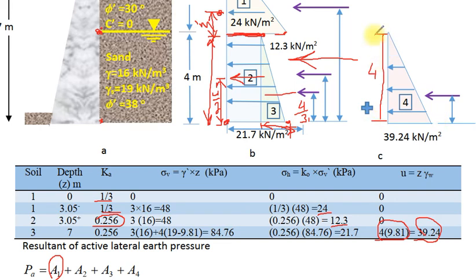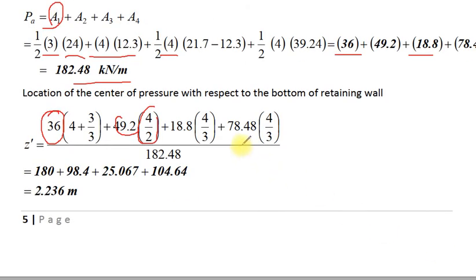For the fourth zone, the force has to be multiplied by this distance also, 4/3: 78.48 times 4/3. All of these moments divided by the total force, 182, gives Z dash equal to 2.236 meters.